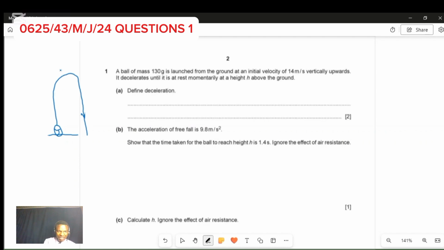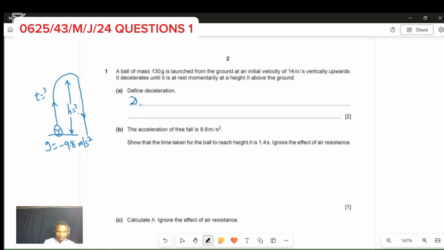What we are interested in finding out in this question is how long it takes the ball to get to the maximum height, h, and also the value of the height. So when the ball is projected up, you take the value of g as negative 9.8 meter per second square. So what is deceleration?